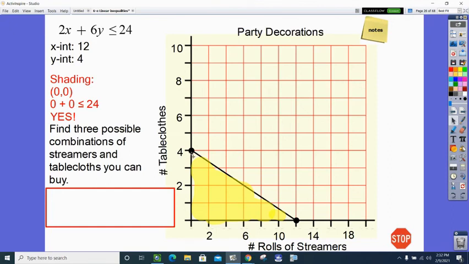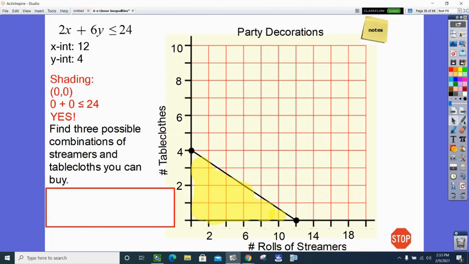If you look at the y-intercept, you could buy 4 tablecloths and no streamers and spend the $24. Or you could have 12 rolls of streamers and no tablecloths and spend the $24. And then every point on the line and in the yellow region would represent combinations that would work.